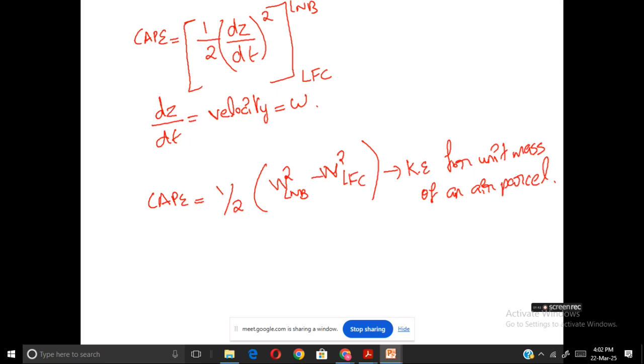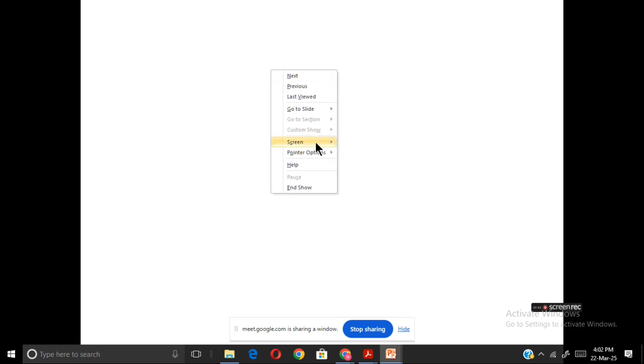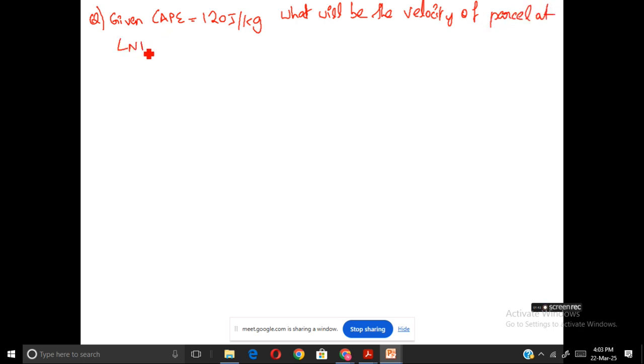Now let's try to do a problem based on this. It's just a simple problem. Given CAPE is equal to 120 joule per kilogram, what will be the velocity of the parcel at LNB?